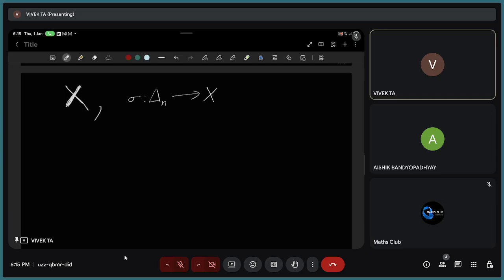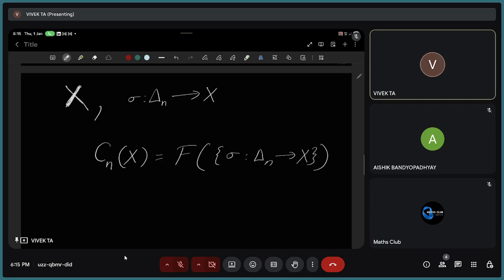Sigma is any map from delta n to X. What I do is, I define Cn of X to be equal to the free group generated by all the maps sigma from delta n to X. This is how I define Cn of X. So it's the free group of all the maps from delta n to X. In some sense, if you have to think about it, it's all the n-dimensional triangles in X.